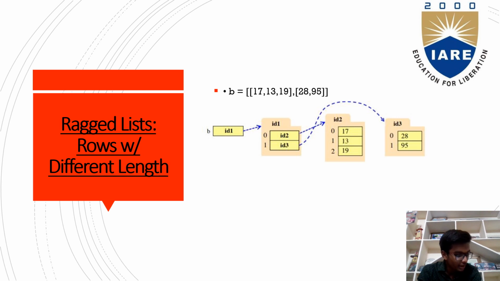Ragged list. A ragged list is a list containing lists with different shapes as its elements. A regular 2D list is a list having lists as its elements and each element has the same number of elements.